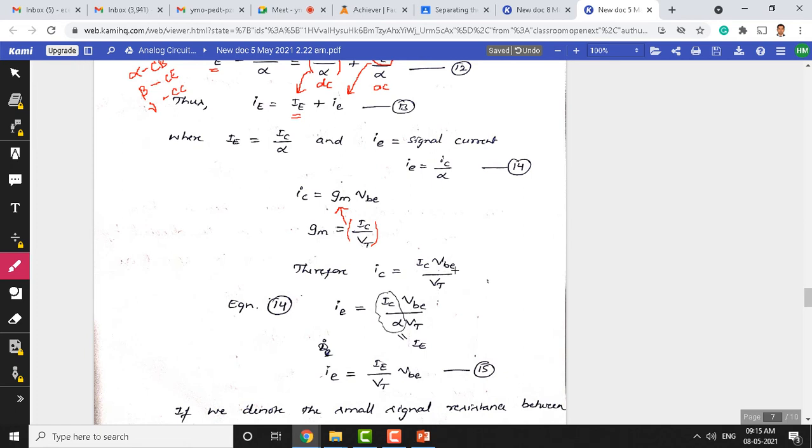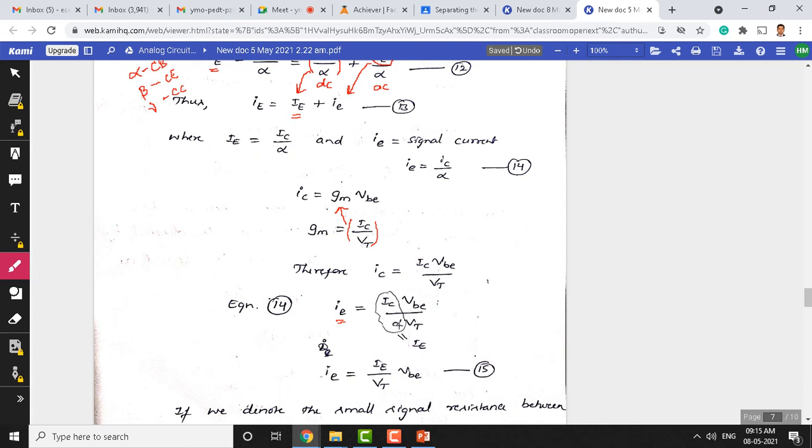Now look here, from equation 14 we have IE is equal to IC by alpha. If we divide this by alpha, we get the final expression for the emitter current, which is IC by alpha times vbe by VT.